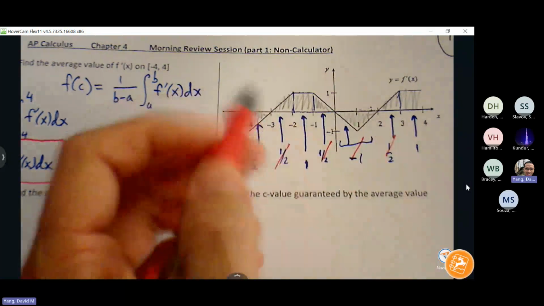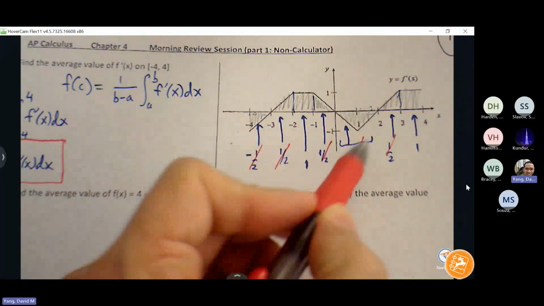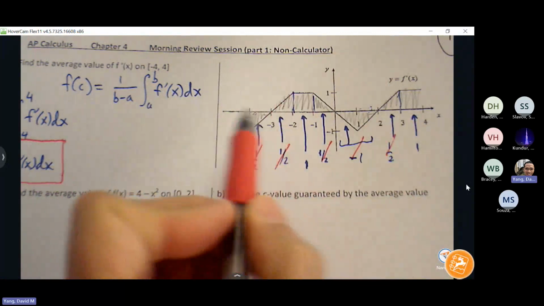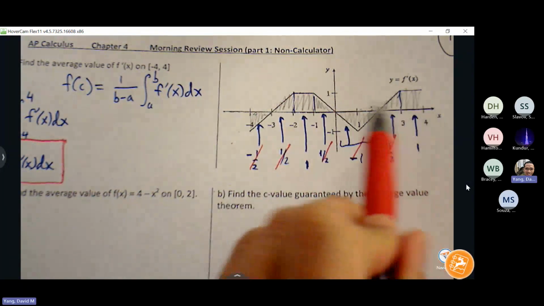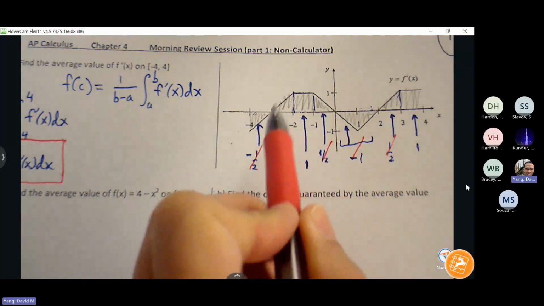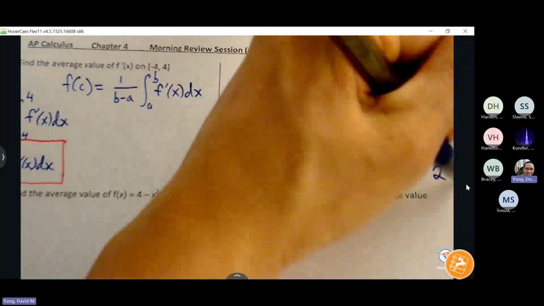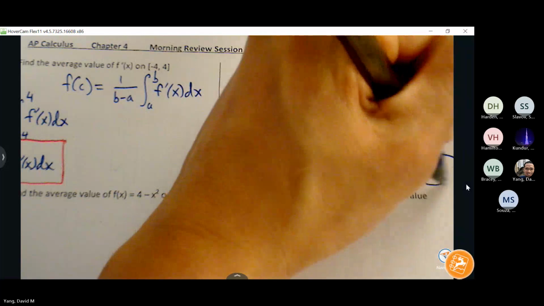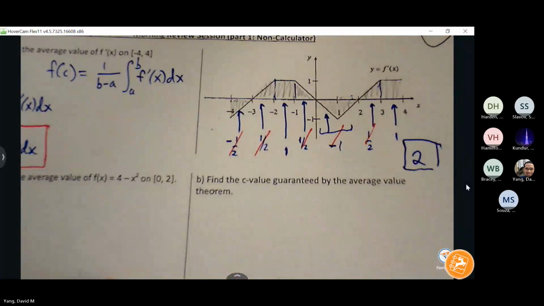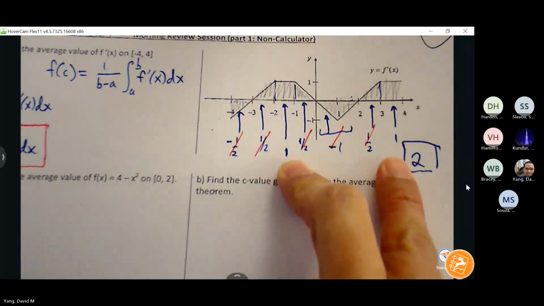Right? So in other words, what we're doing is we're trying to find the average height, right? So we kind of imagine where that average height is going to be. It'll be somewhere maybe between 0 and 1 if we were to take all the averages between all the negative and positive values. So, but is 2 our average height? Because we added these up.